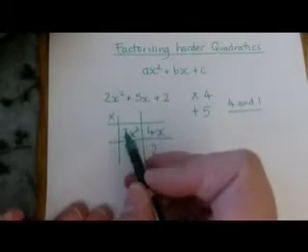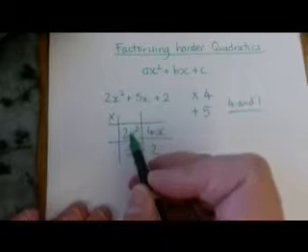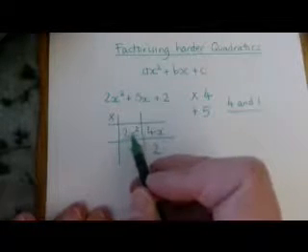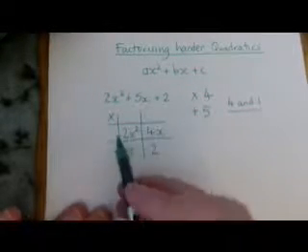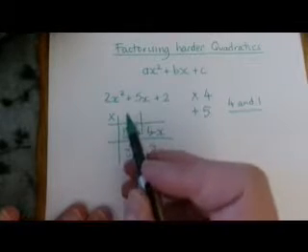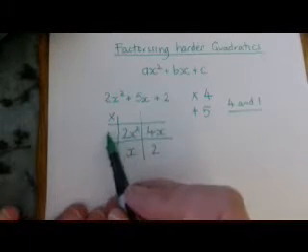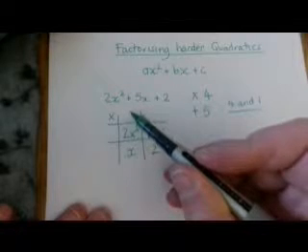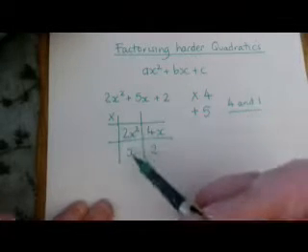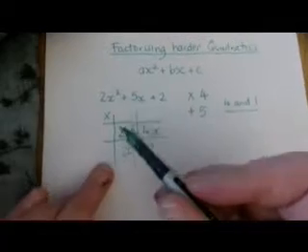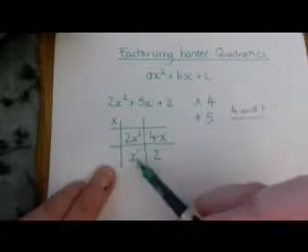So 2x squared is made by multiplying 2x and an x. We need to work out whether the 2x is going to go here or here. Well, if the 2x goes here, nothing can multiply with it to make a normal x.